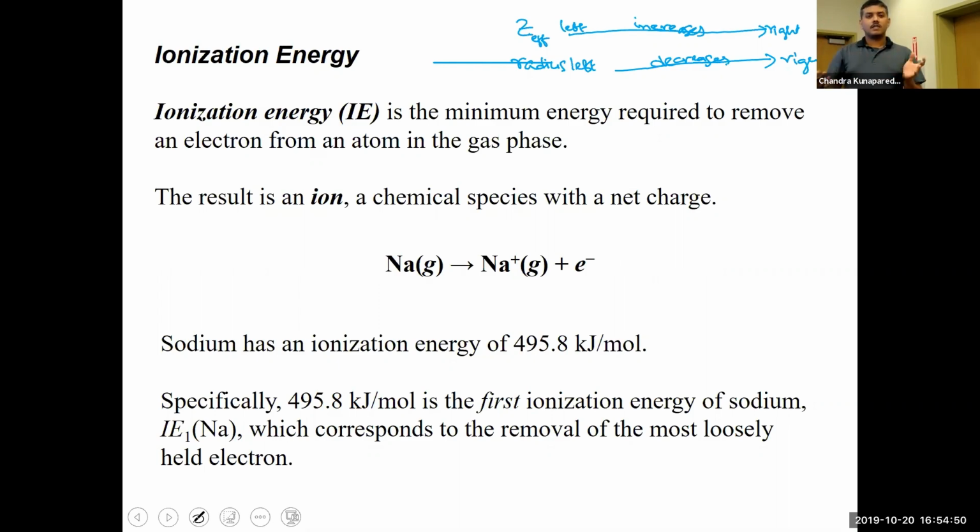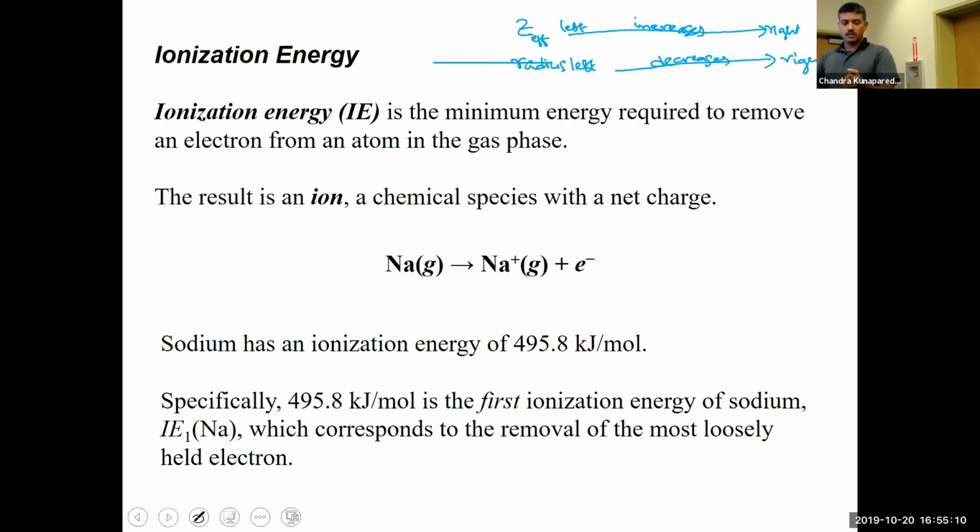All elements do not have similar atomic size and radius, so they are going to have different ionization energies. Based on how smaller or larger the atomic radius is, you can predict whether its ionization energy is going to be smaller or larger.